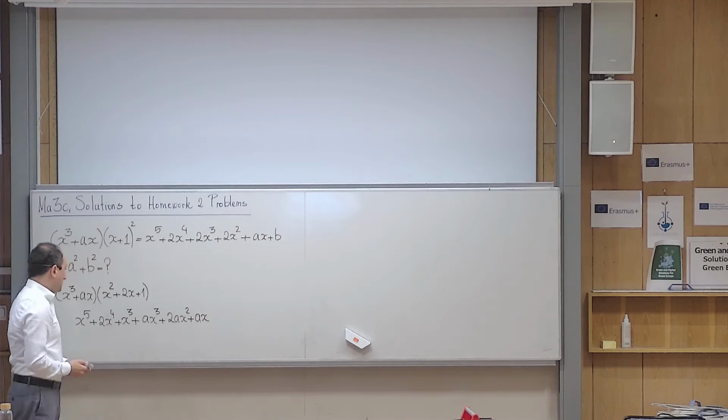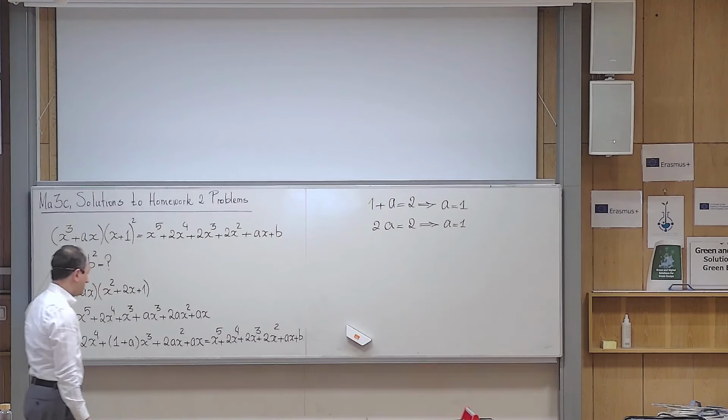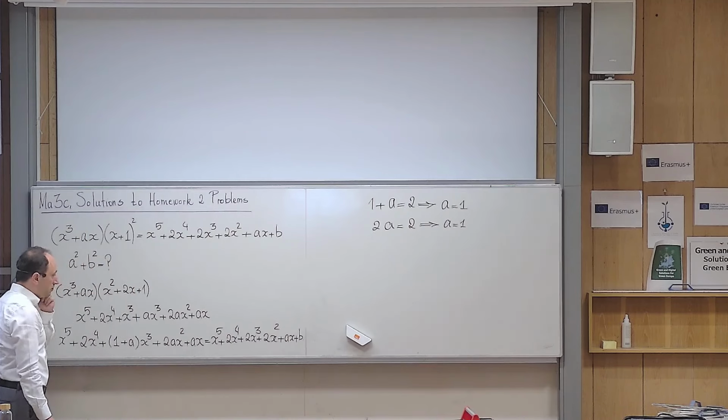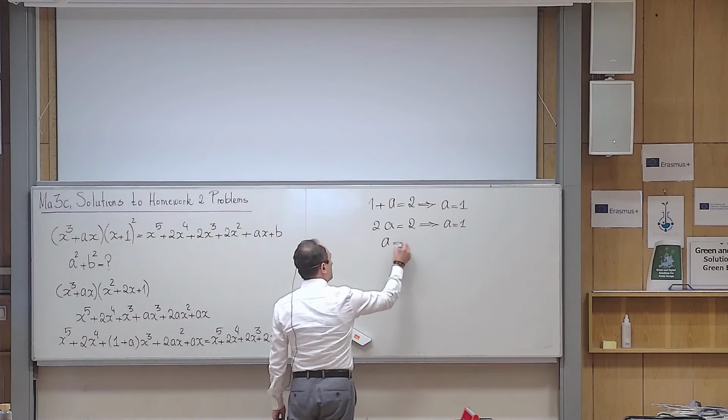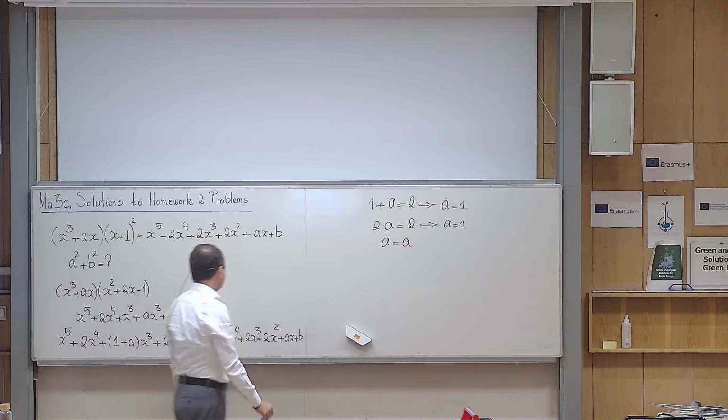But the problem is not finished. Here again, I don't have any problems at all, yes? Because x and ax are already the same, aren't they? Yes. So it means that a should be equal to a, which is always the case. And what happens for b? What happens for b?